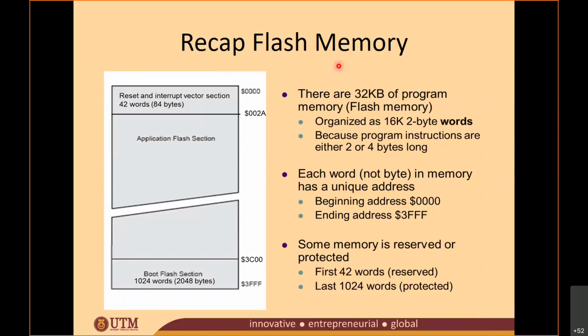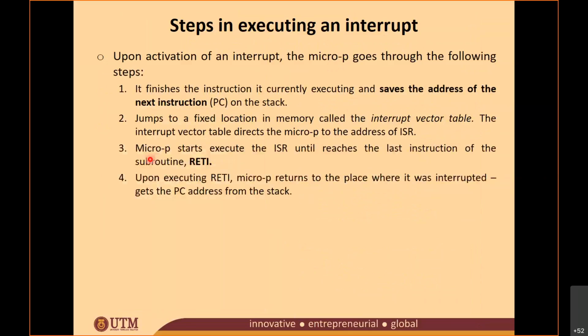It will jump to this location here. Step number 3, the microcontroller starts to execute the ISR until it reaches the last instruction of the subroutine. The last instruction of the subroutine, if you use assembly language, is RETI, which means you are going to return from the interrupt.